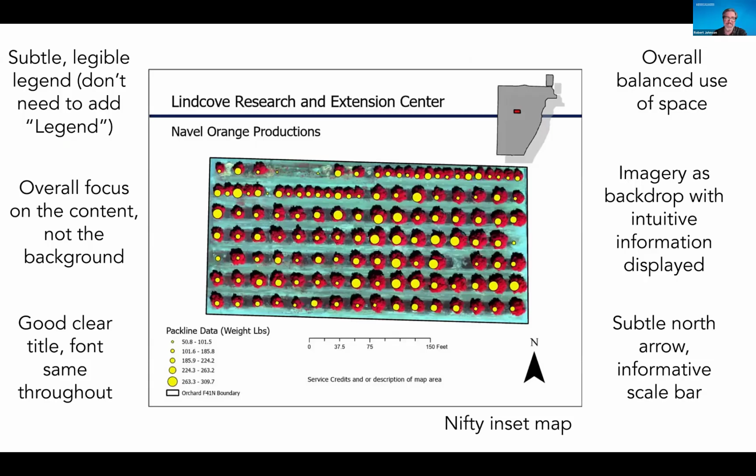The fonts are consistent and clear. The legend is very easy to interpret. And there's even an inset map up at the top that shows you exactly where your zoomed-in field data is in relation to the entirety of Lynn Cove as a whole.